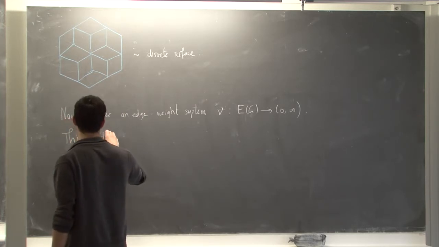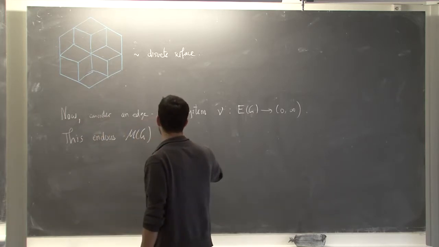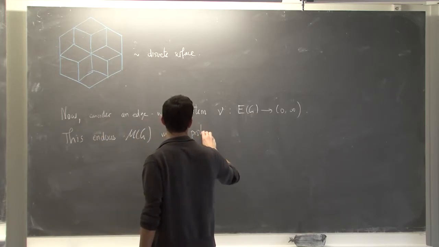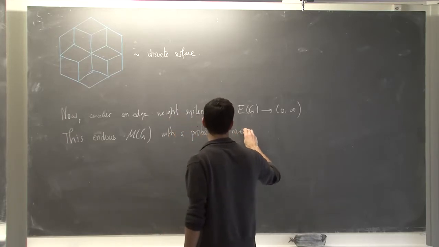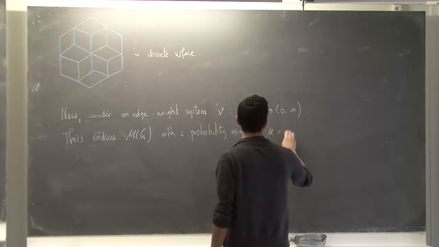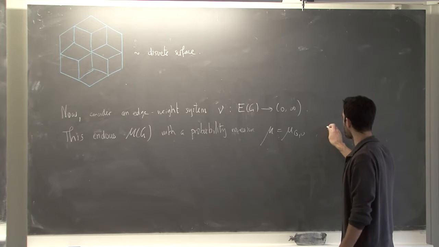And this defines, on the set of perfect matchings on the graph, a probability measure mu, which depends on the weighted graph, as follows.